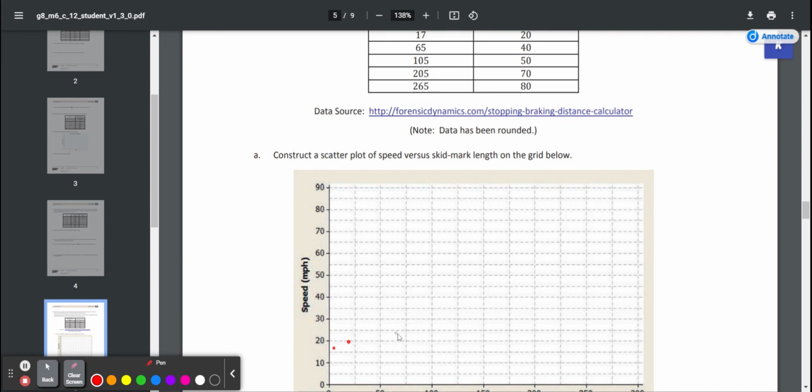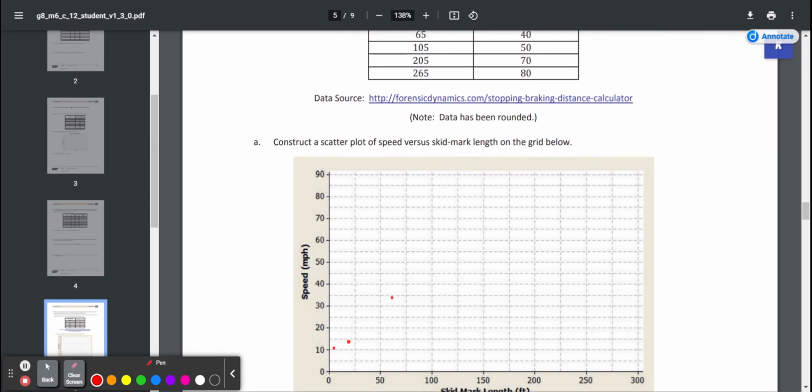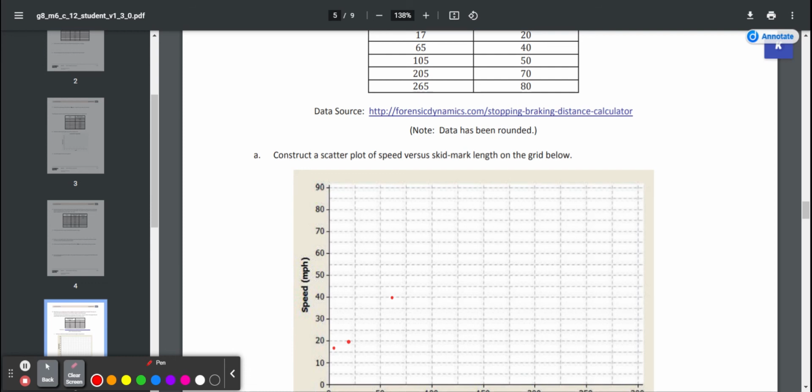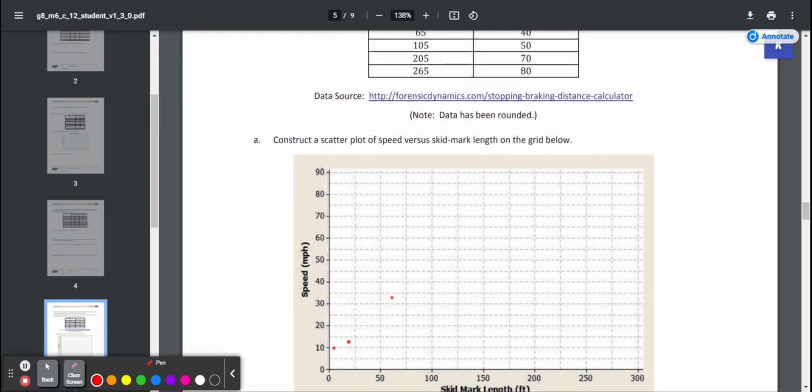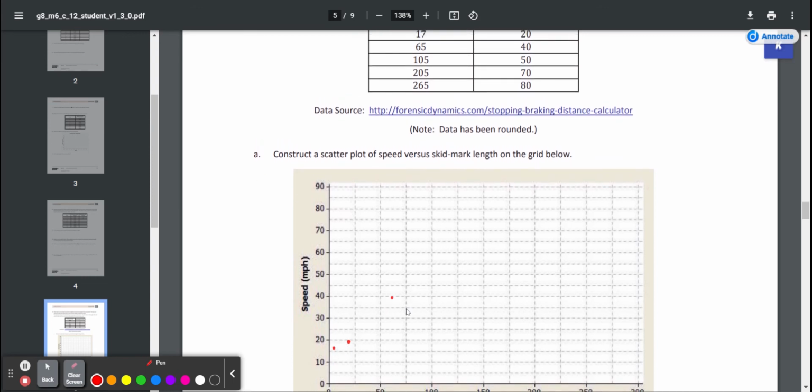65 is at 40, 105 is at 50, 205 is at 70, and 265 is at 80.